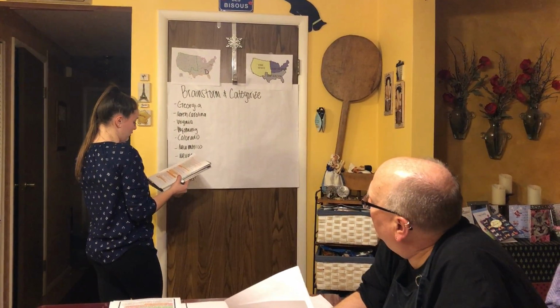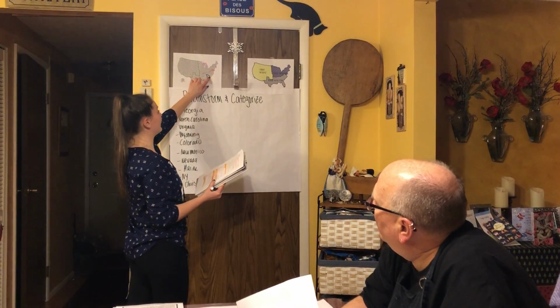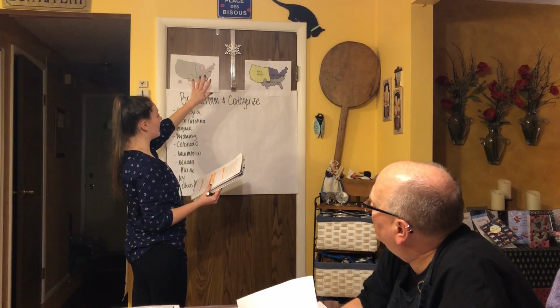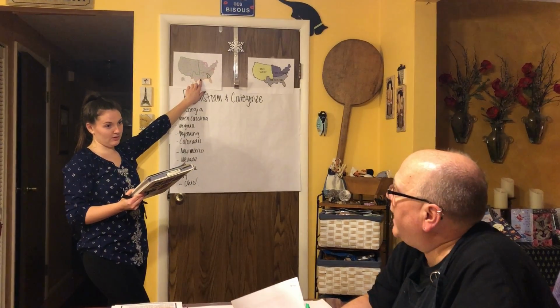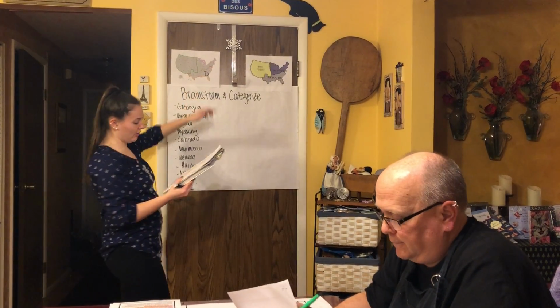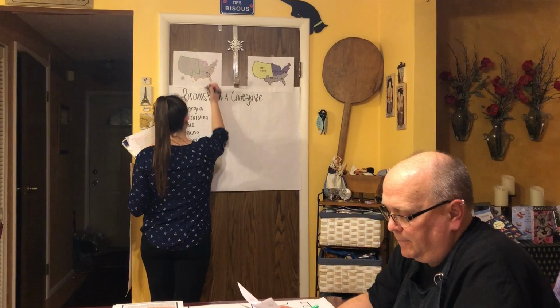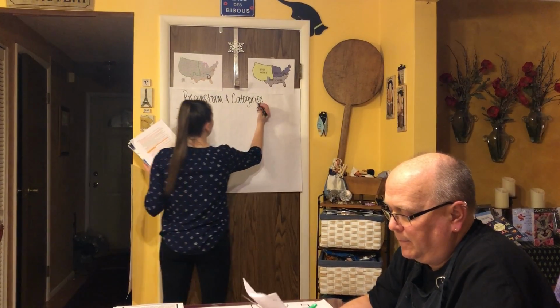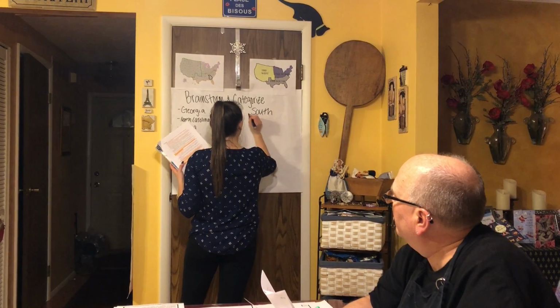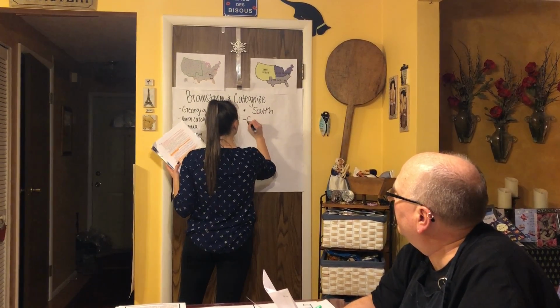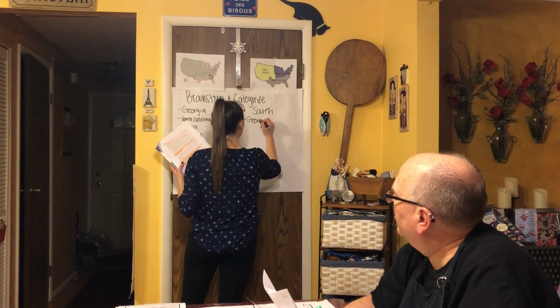I'm going to create a category for Georgia because I know that it's on the far right side of the map, and I know that this is, does anyone know? Yeah, it's in the South. Right, exactly. So I'm going to create the category South, and underneath it, I'm going to write Georgia.